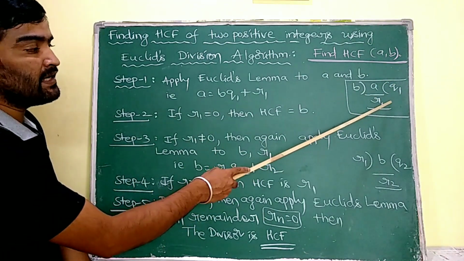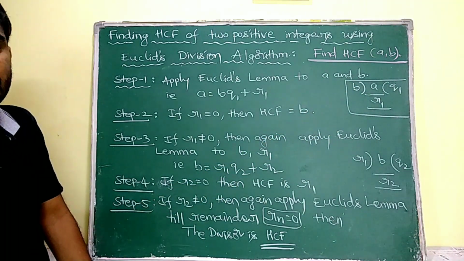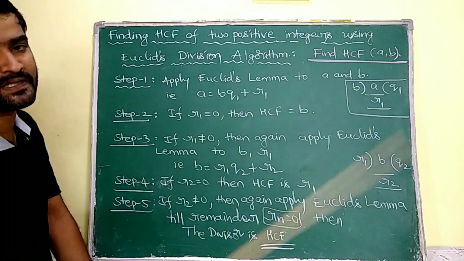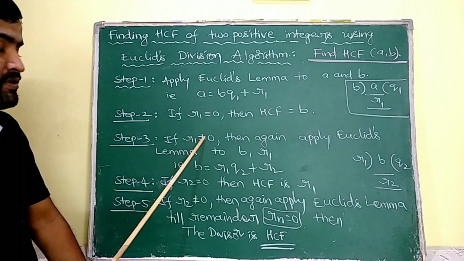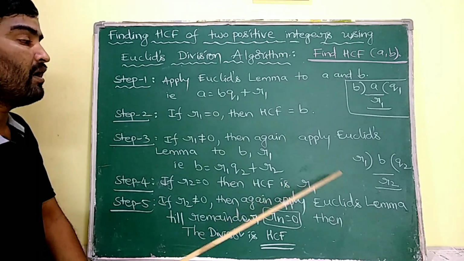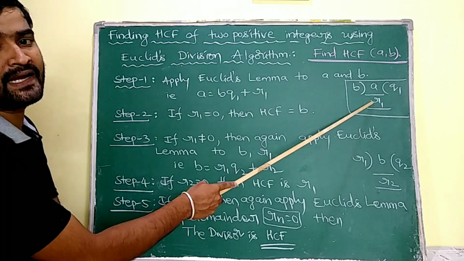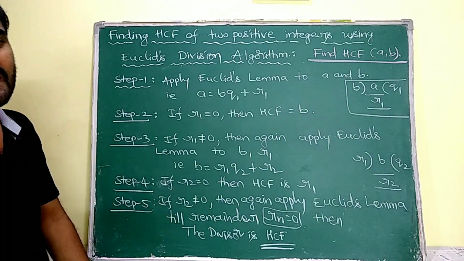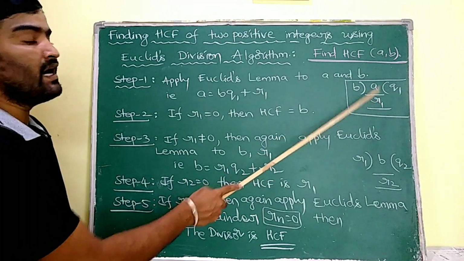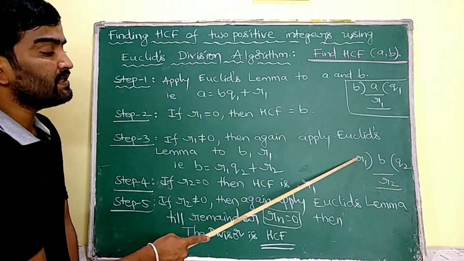If the remainder R1 is 0, then the divisor is said to be the HCF of the given numbers A and B. So if R1 is equal to 0, then HCF is the divisor B. Else, if R1 is not equal to 0, then we have to apply the Euclid's lemma again on R1 and B. That means I have to divide the divisor B with the obtained remainder R1.